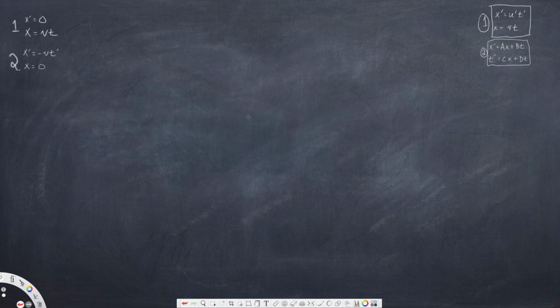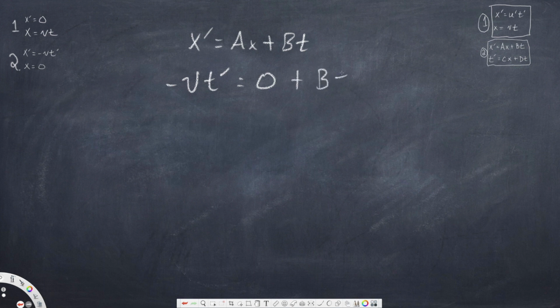If we plug these into equations 2, our X', which was ax plus bt, in this case is negative vt' equals 0 plus bt. We solve for t', and we plug this into the t' formula.